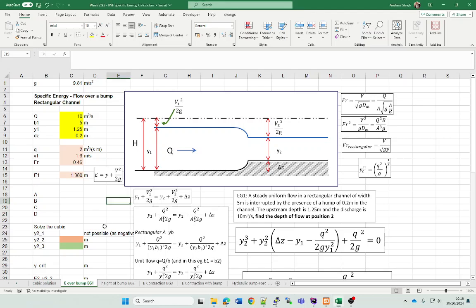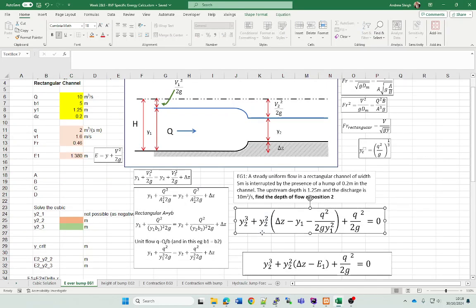We need to calculate a function like this one.